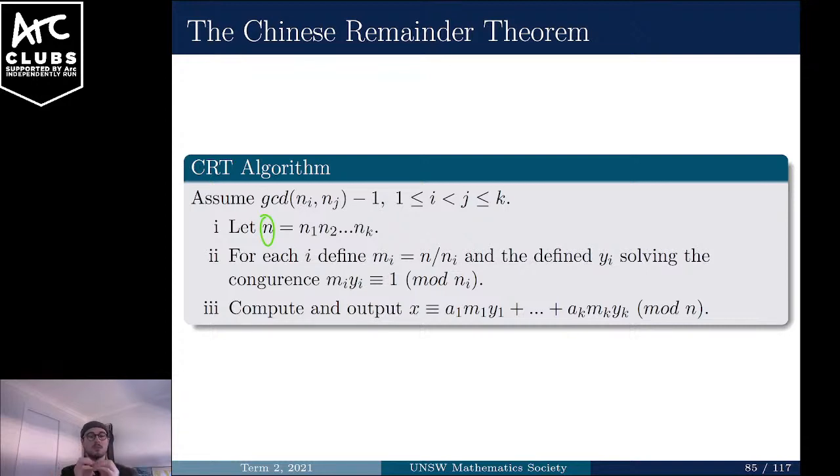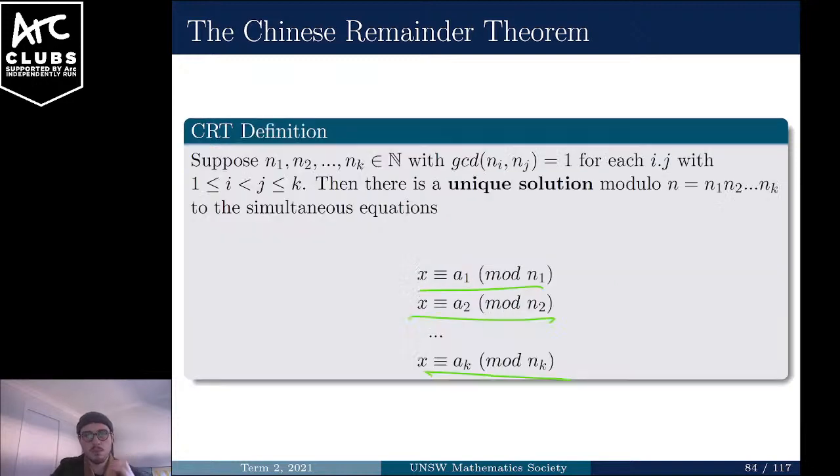That's what your final answer is going to be. Something really important to remember, and this is the most important bit when you do Chinese remainder theorem questions: the GCD of all of these moduli has to be 1. It's really important to consider.